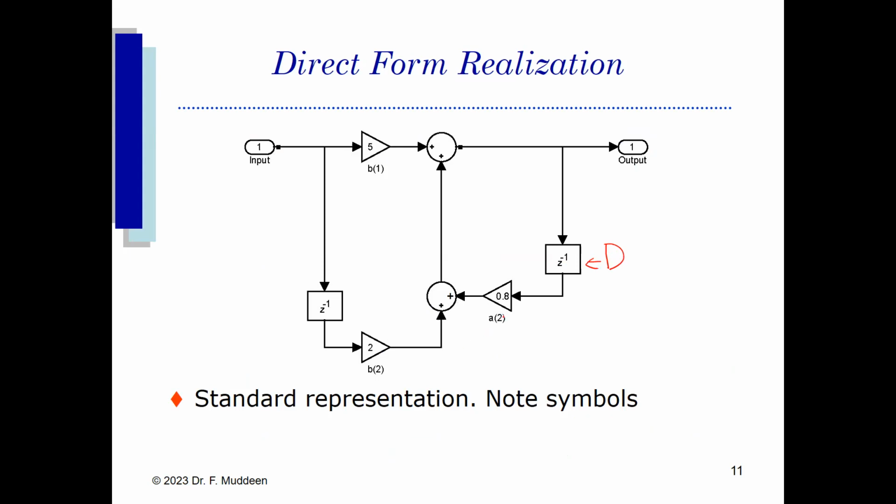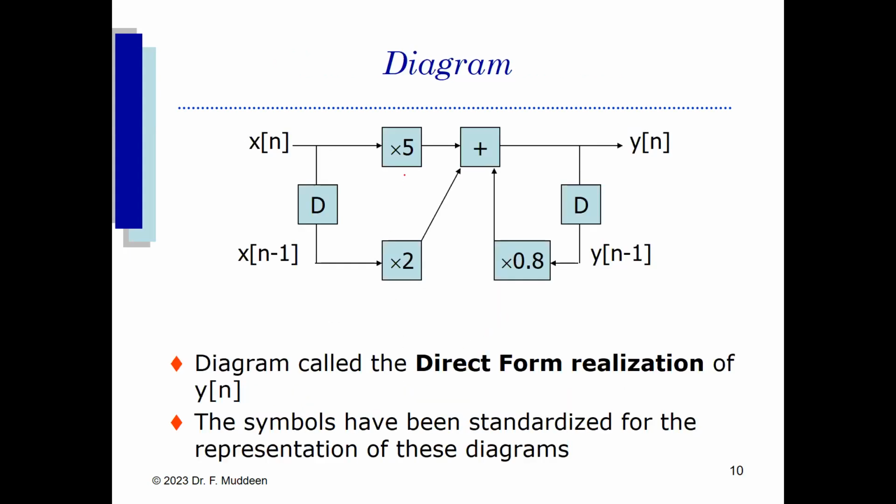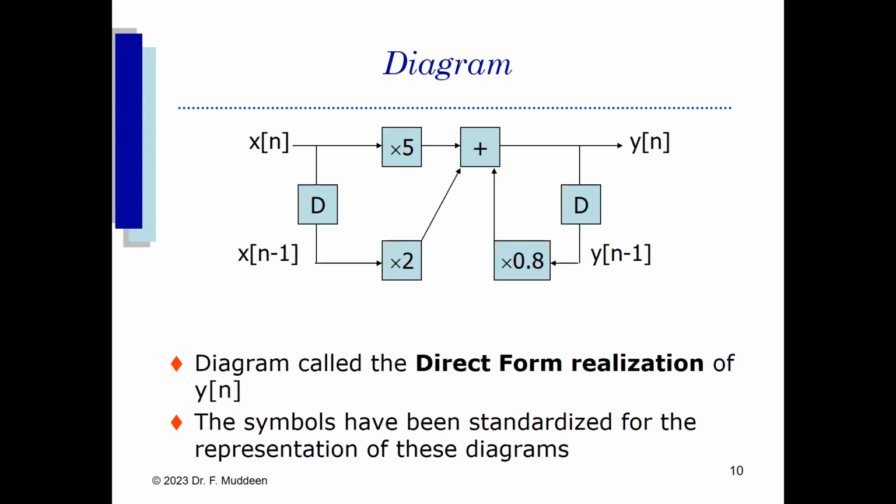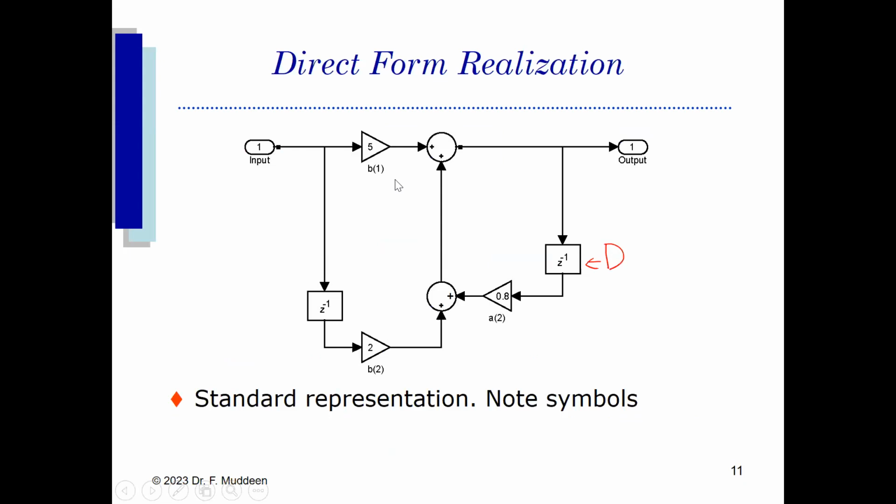The blocks that have these gain values in them, because they are gains, use a sort of amplifier signal, a basic triangle, and they tend to put the value of the block inside the gain, whatever that is. So like the 5 or the 2 or the 0.8, they put it inside of the amplifier symbol itself, and then of course the summation signs, right?